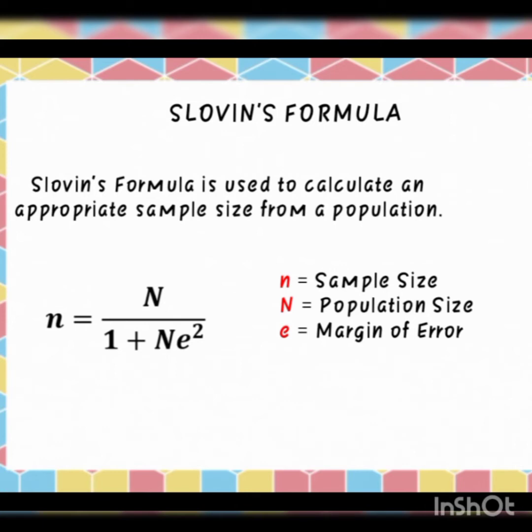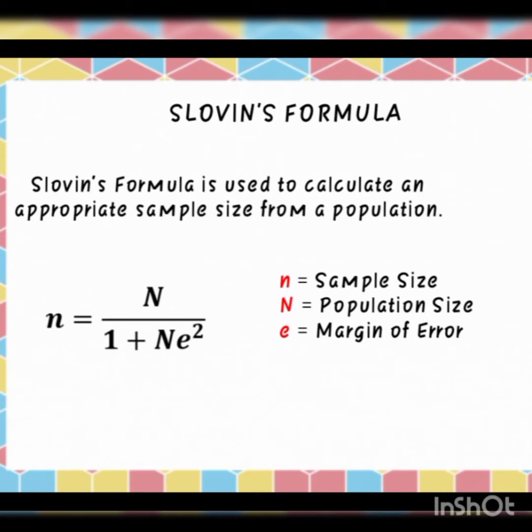You can also think of the margin of error as a way of measuring how effective your survey is. If you have a research, you can use Slovin's formula to see how effective your survey is.